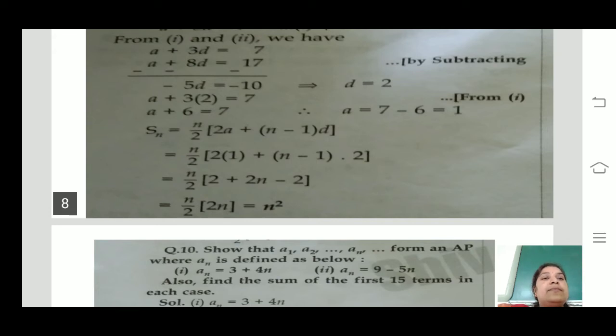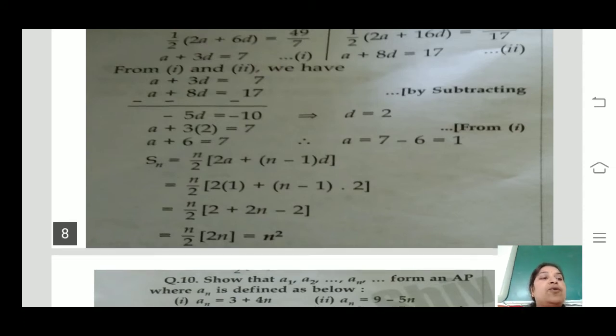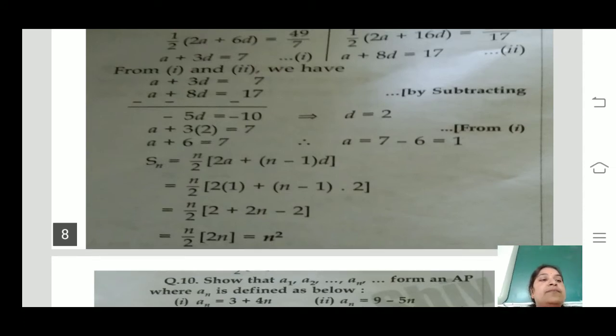That is, replace the value of a as 1 and d as 2. Sn will be n square, which is the required answer. No need to use particular values of n, as it is not asked. We just want to find the general answer for Sn.